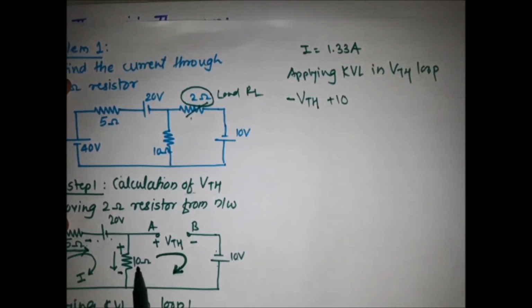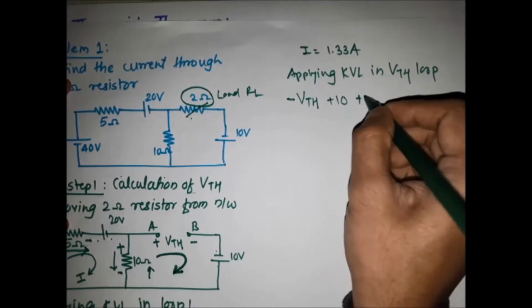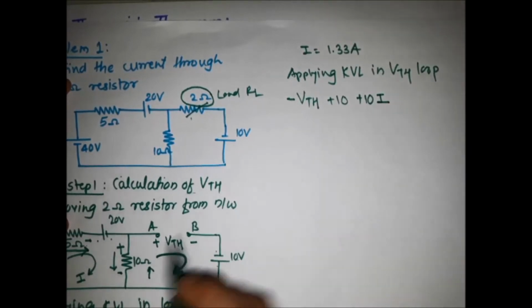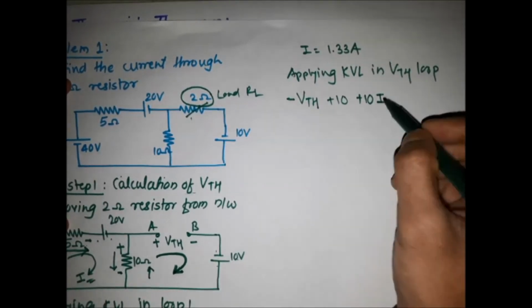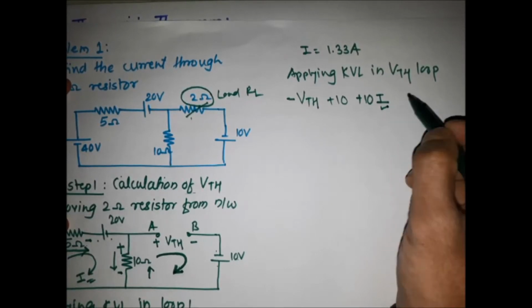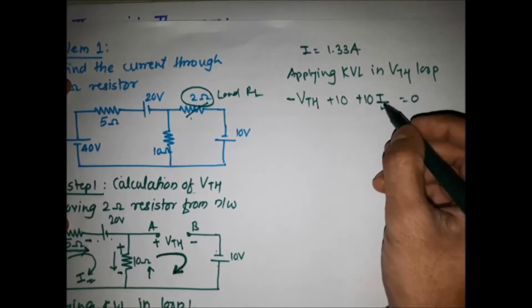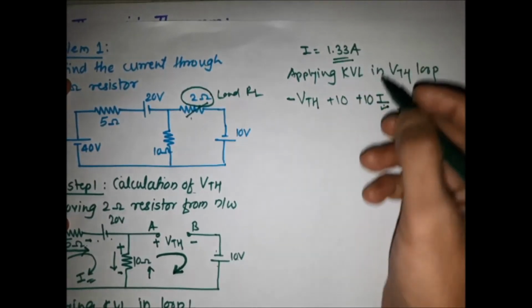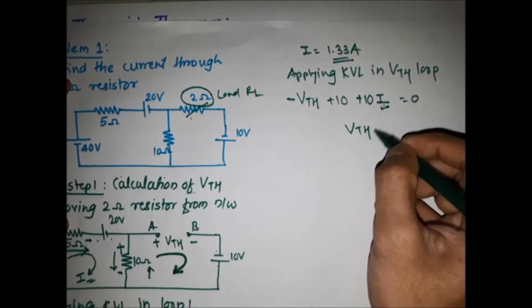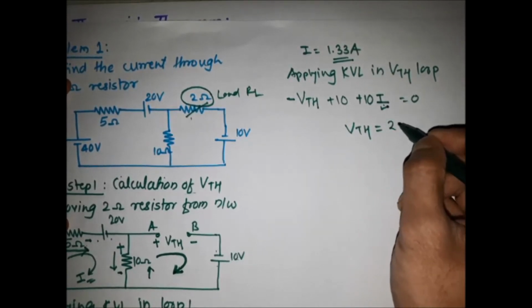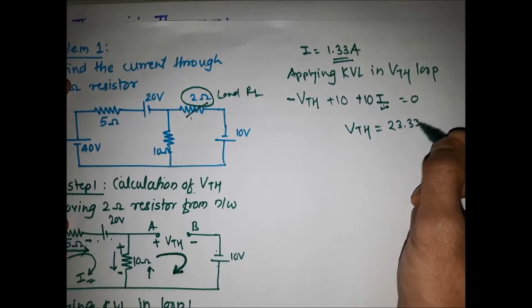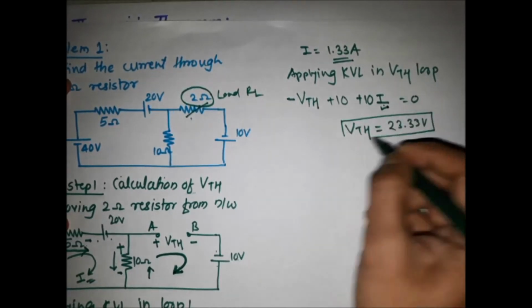Then for the 10 ohm resistor we are using the previous sign conventions, so our considered direction of the loop is minus to plus, so simply it is plus 10 into current flowing through the 10 ohm resistor is I only, so I am considering here I is equal to 0. By putting the value of I is equal to 1.33, we get the value of VTH is equal to 23.33 volt. This is the value of VTH.